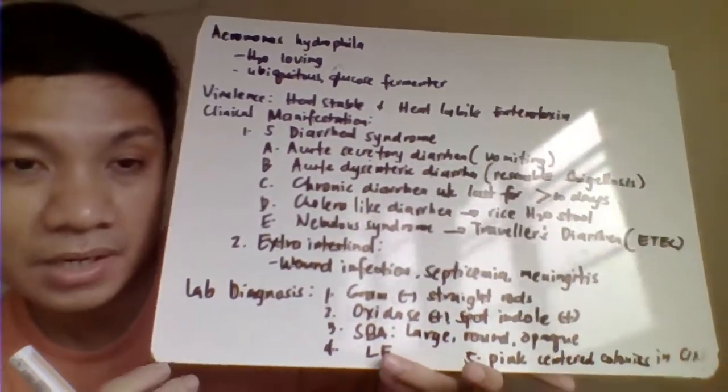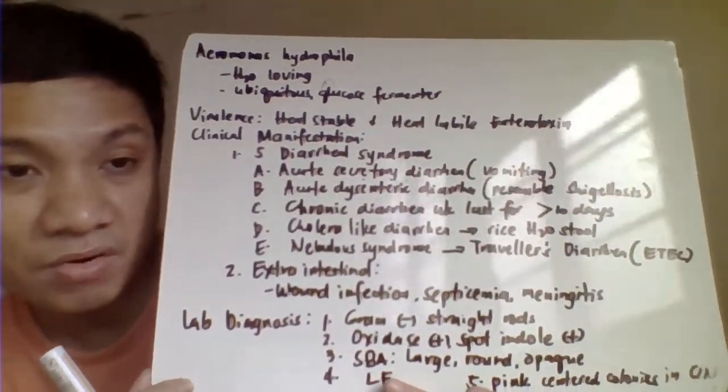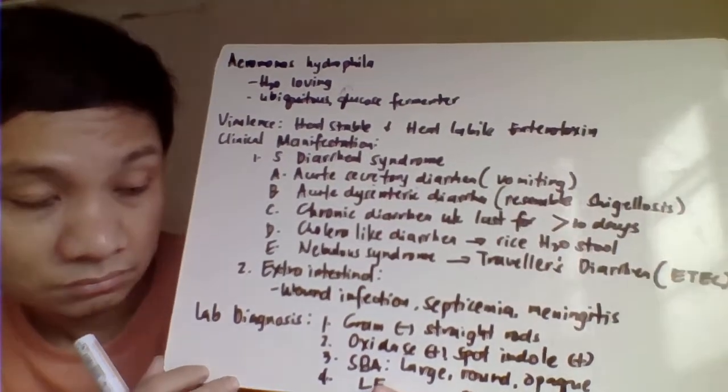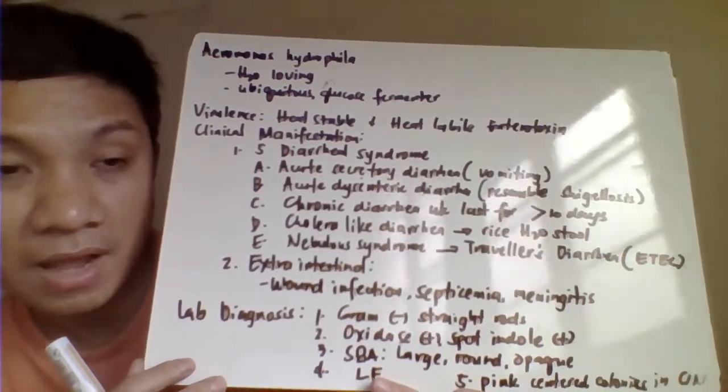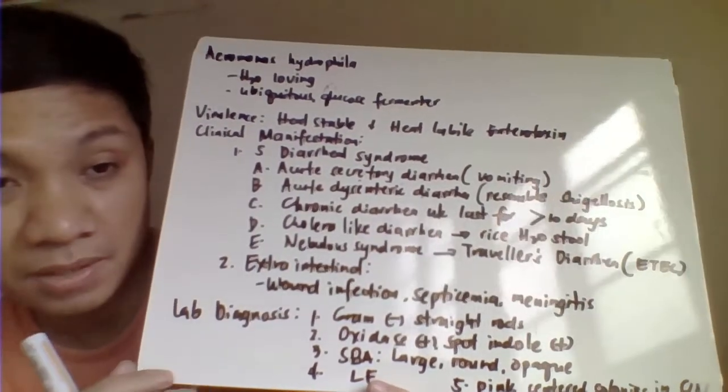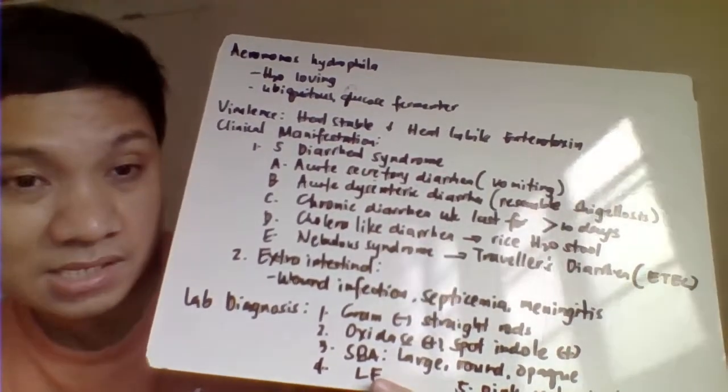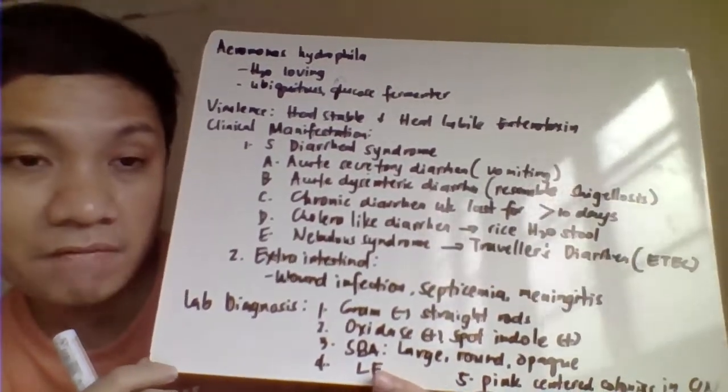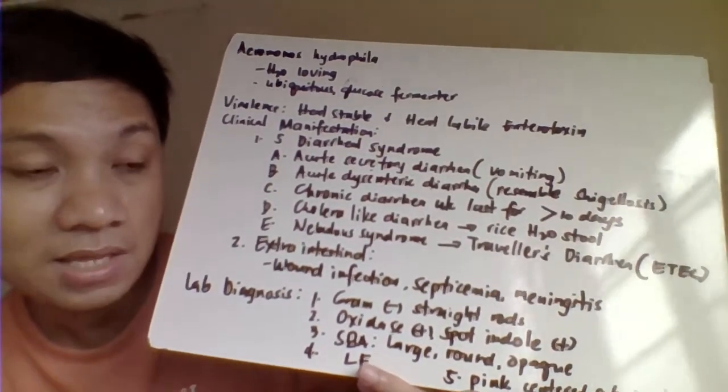Okay, we have the laboratory tests that will identify Aeromonas. In the gram stain, it is still gram-negative, but usually more of straight rods. Comparing this with Vibrio, Vibrio is usually curved while this is straight rods.